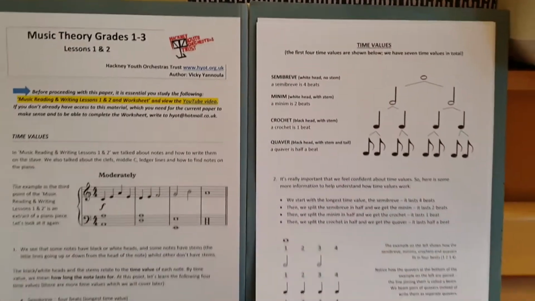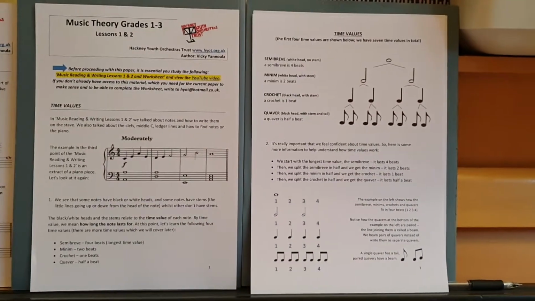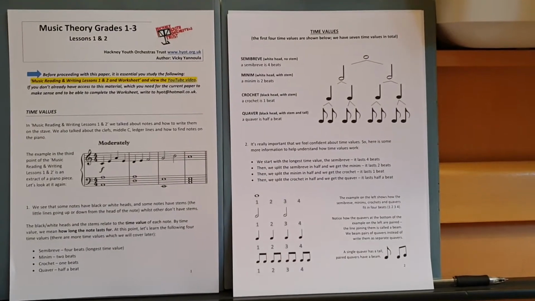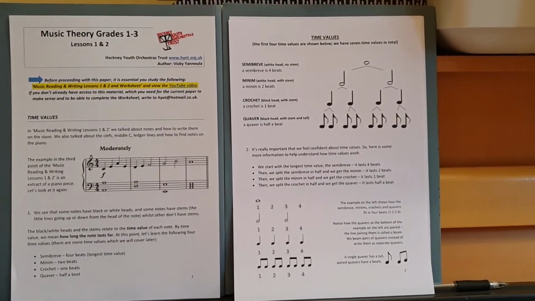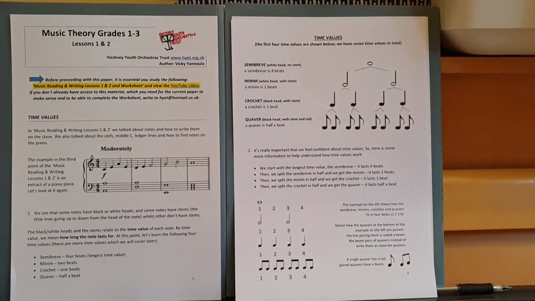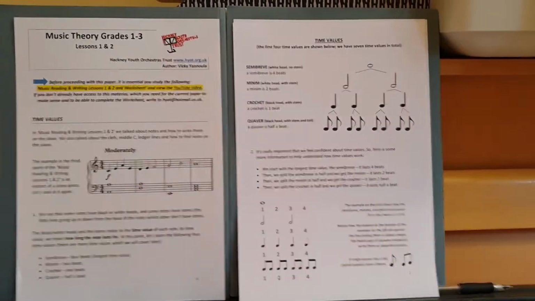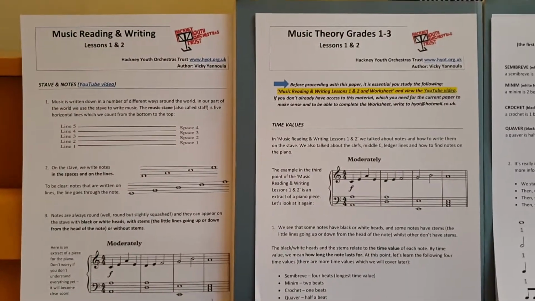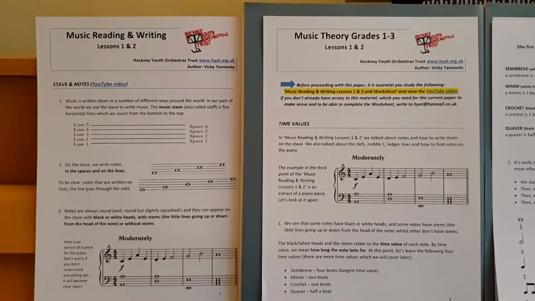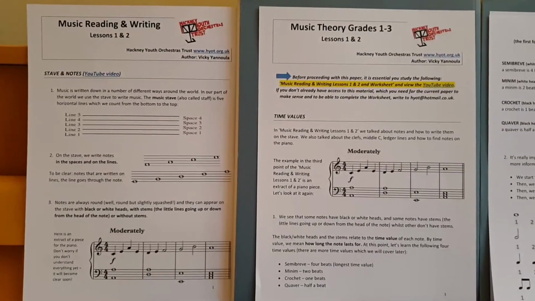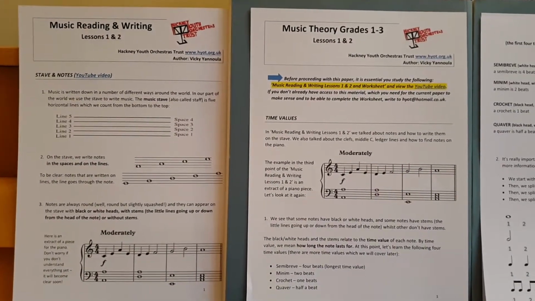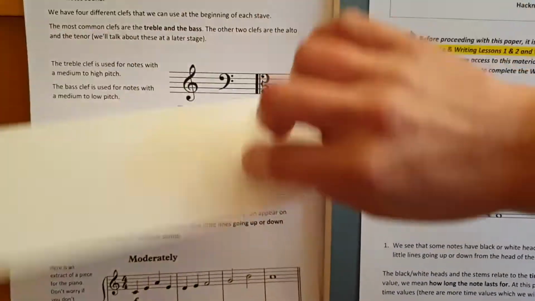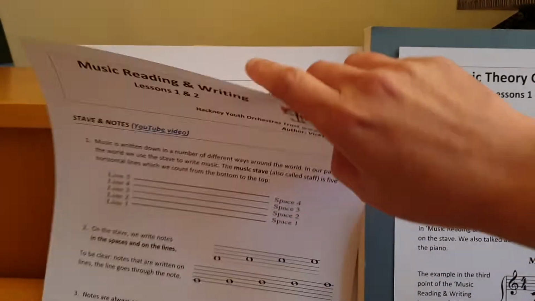Now it's really important for you to study another paper before you have a go at this one. The paper I'm referring to is the music reading and writing lessons 1 and 2. I've got that paper right next to me here. It has 4 pages. It's very important to have a go at this paper first because it contains information on notes, stable notes, as you can see, the treble and the bass clefs.